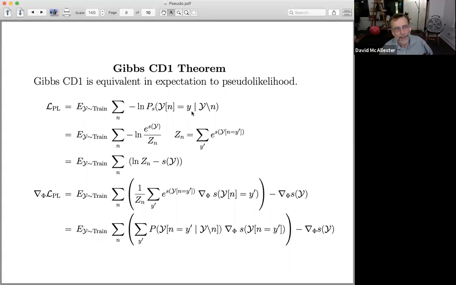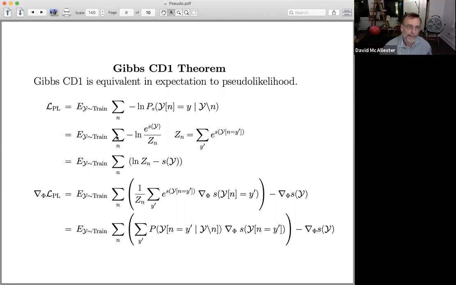So here's the pseudo likelihood objective. It's an expectation over drawing from, in this case, the training data. And in pseudo likelihood, we're going to sum over the nodes the negative log probability of the value assigned to that node given the other nodes. And the advantage of pseudo likelihood is that this becomes a tractable computation.